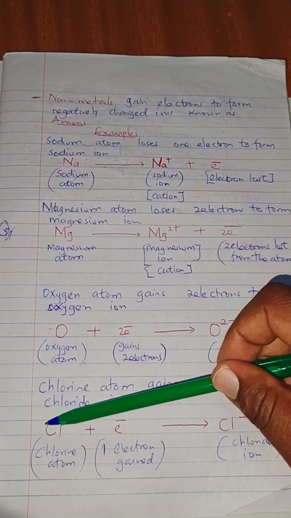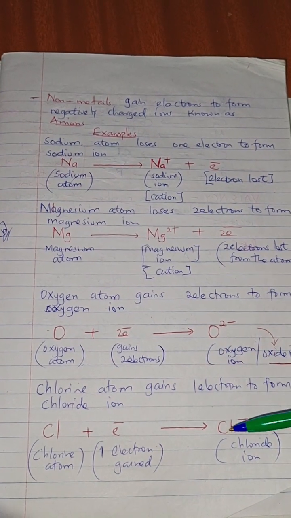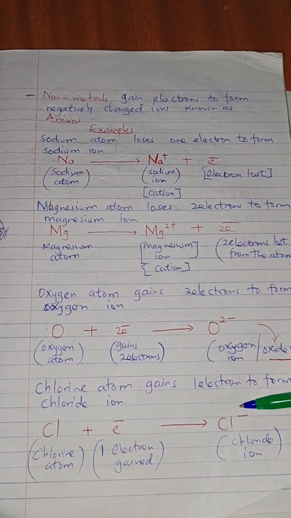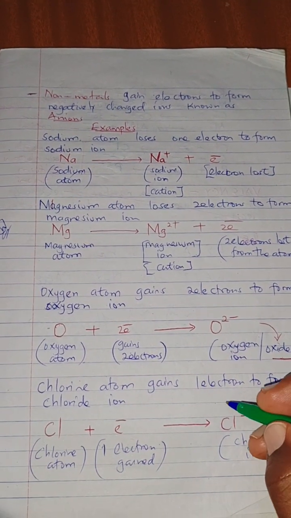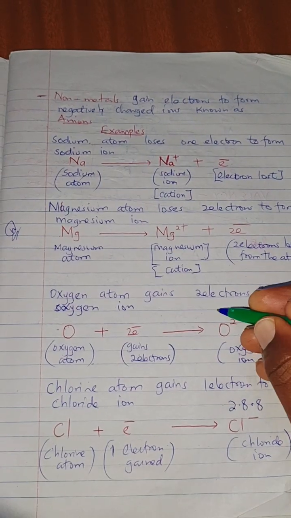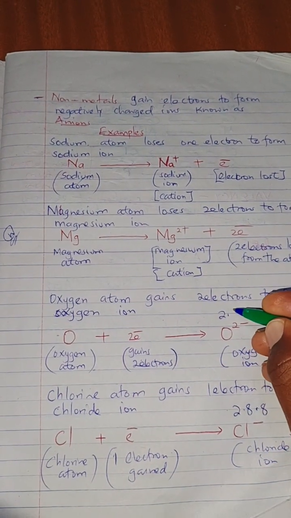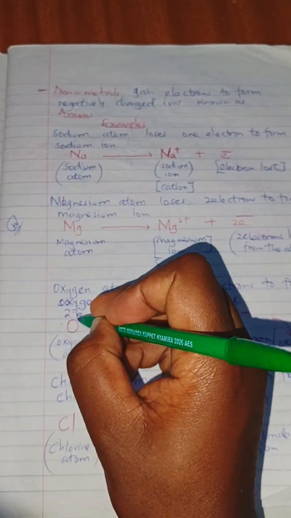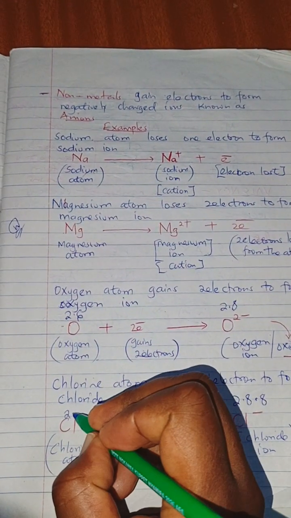So this is 2:8:7 and this is 2:8:8. So it has gained stability. This has gained a stability of 2:8:8, and this has gained a stability of 2:8 from 2:6, and this is 2:7.